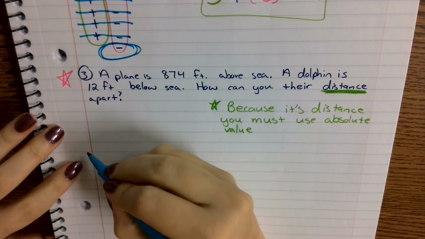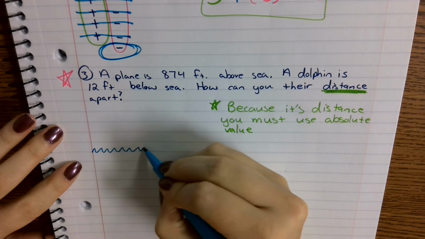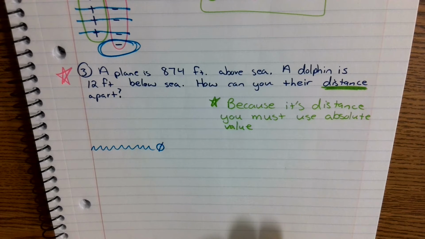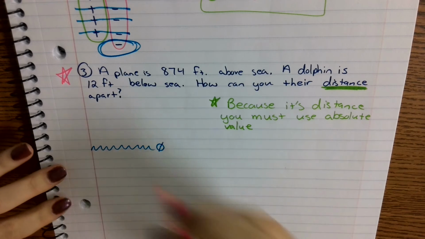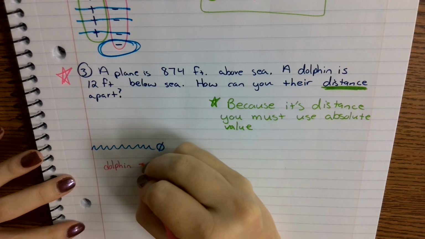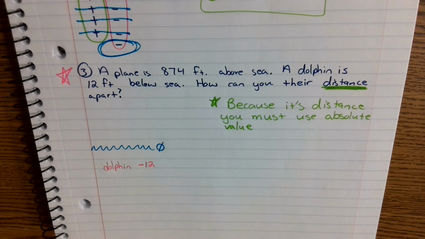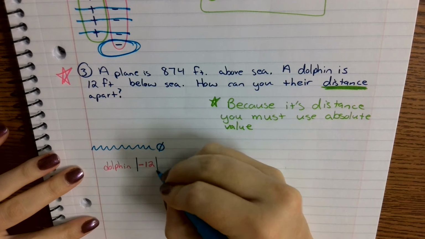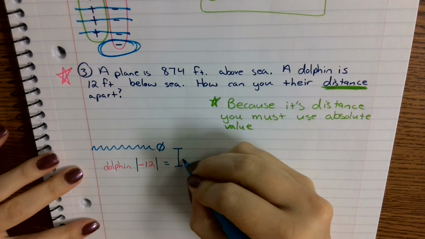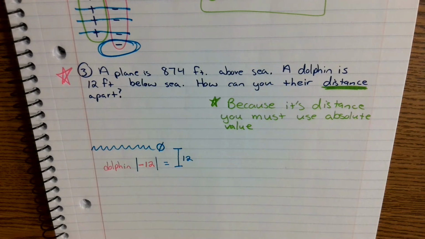So think of it this way. If we've got our little water here, our water level is at 0, right? 0 is our neutral spot. That's the water level. Your dolphin is at -12 feet below the water. So if I take the absolute value of that, then from 0 down to where the dolphin is, that's a distance of 12.